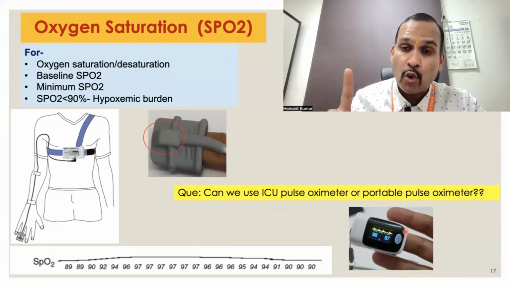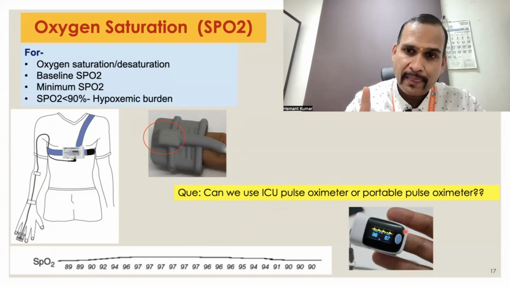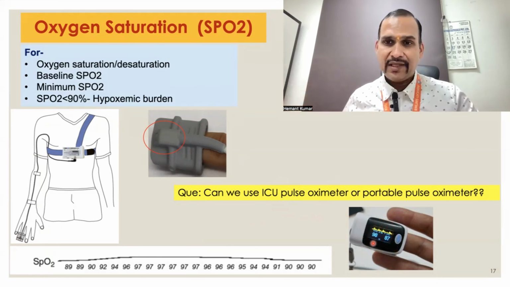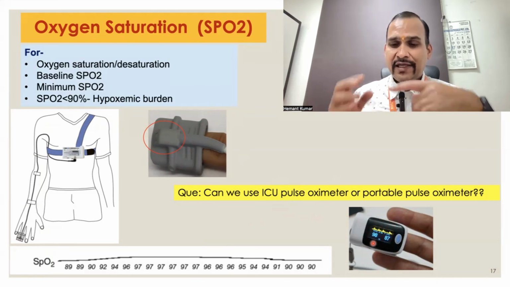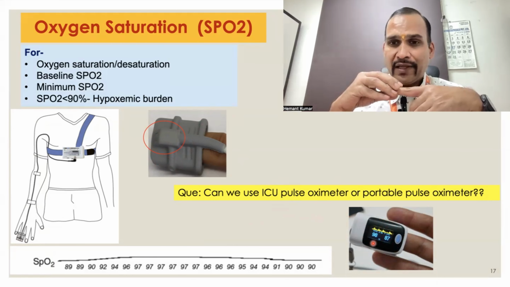Answer is no, big no. Why? Because these pulse oximeters have a large sampling interval. It means once it detects SpO2, it will give the next reading after 5 to 15 minutes only. But as you know, apnea and hypopnea last for 10 seconds.